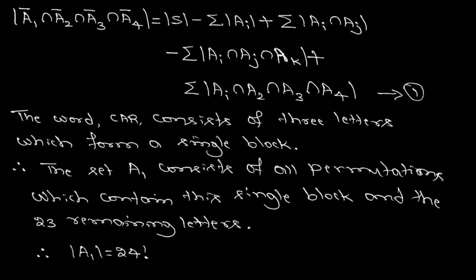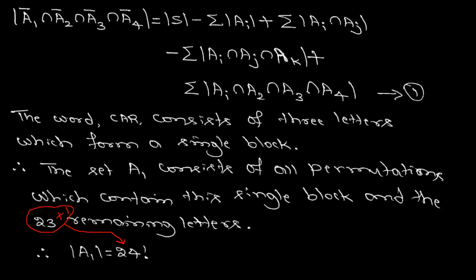So 23 plus 1 block gives 24 symbols. In how many ways can we arrange these 24 symbols? 24 factorial, because 23 plus 1 is 24.